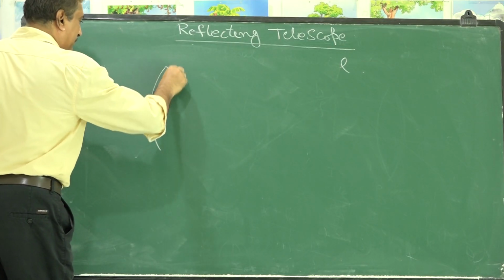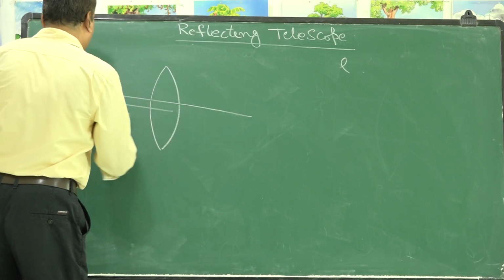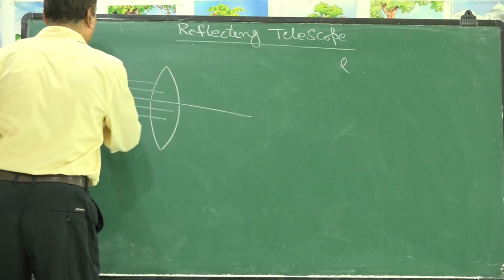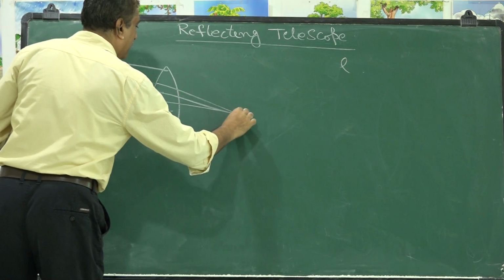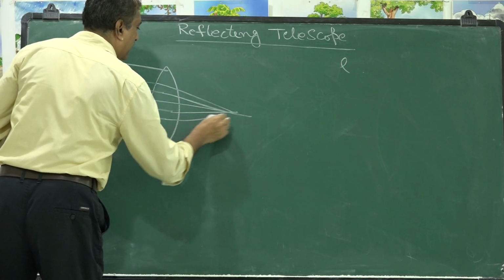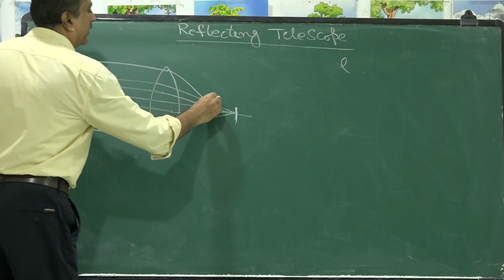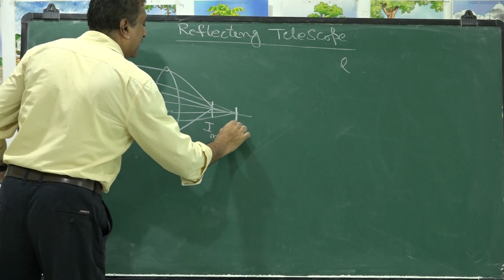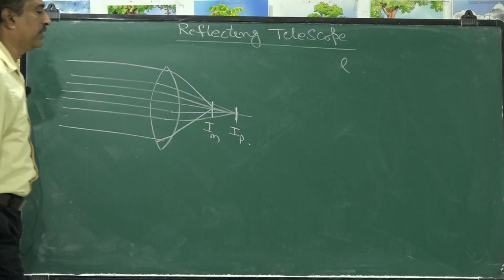Suppose this is the lens, this is the axis. So this is the image formed due to the marginal rays, and this is the image formed by the paraxial rays.